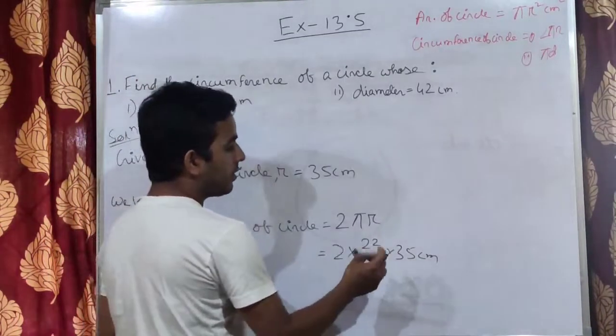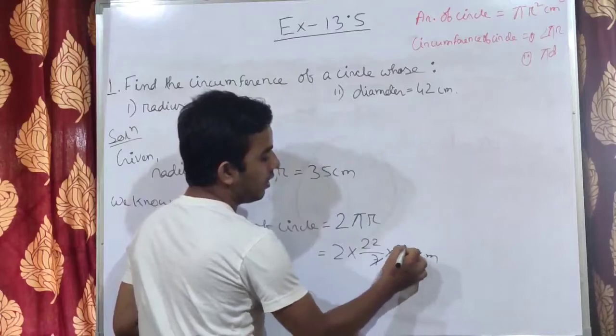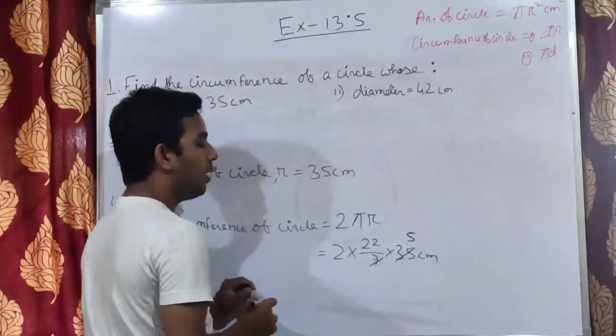So now we will cancel this 35 with 7. 7 5s are 35.